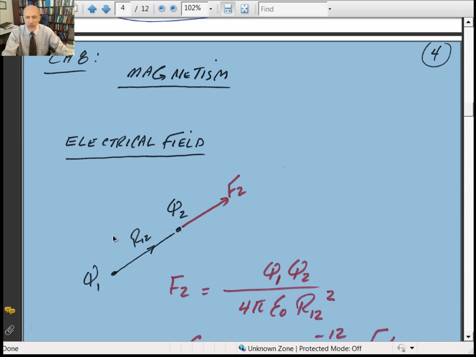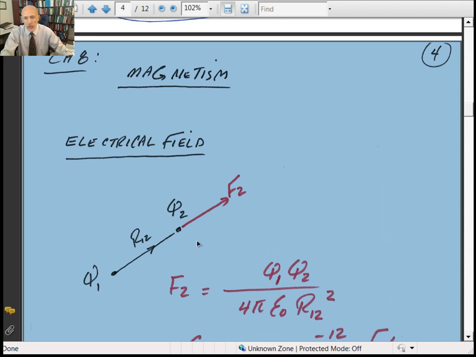The same thing is true for any two masses, and it is also true with what's called electric field force between the two charges. So there's a force in the direction of radius R12.